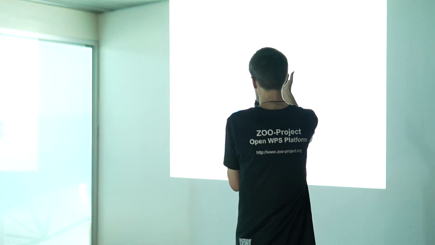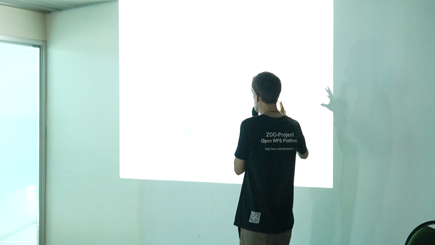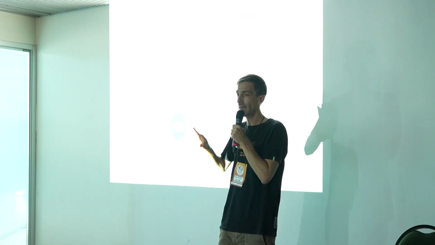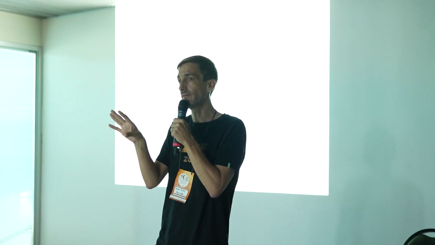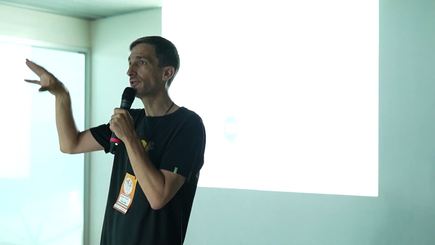So in case you are requesting STAC, you just need to follow the route to the STAC server and get the answer right back. So we were able, by using this filter in and filter out, to join EO API and the Zoo project, meaning that for every single run, rather than storing your data as WMS, WFS, or WCS, you can store them directly in the STAC catalog.